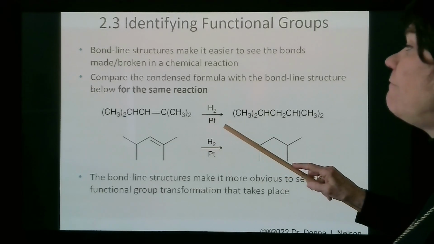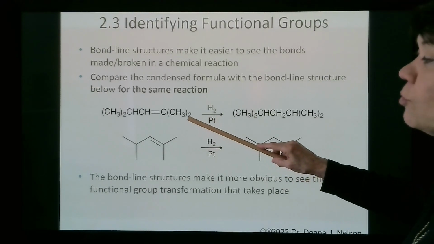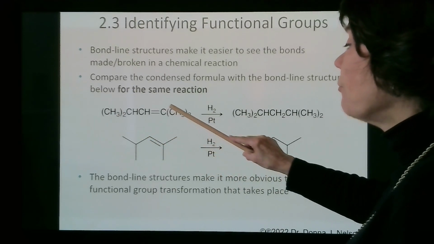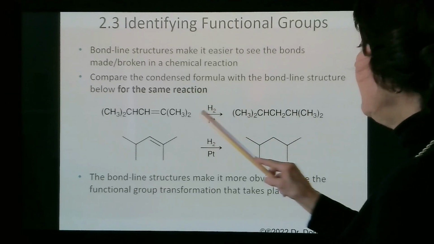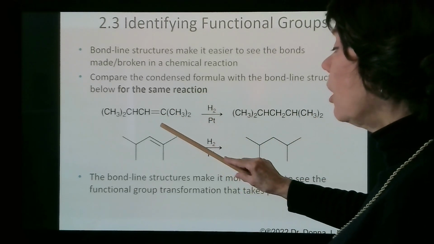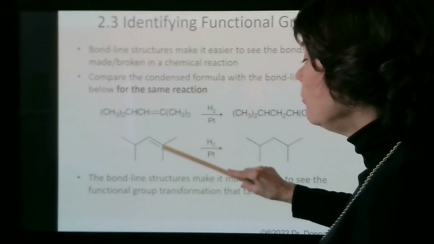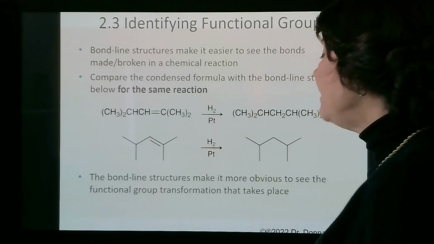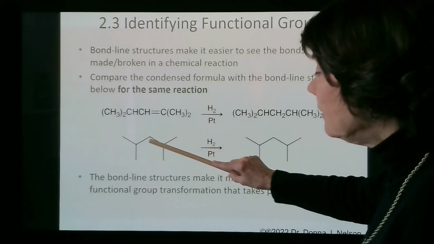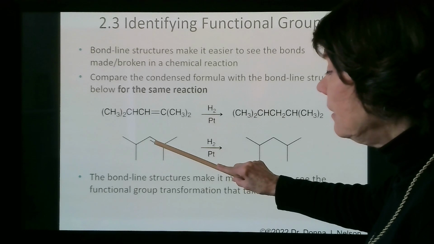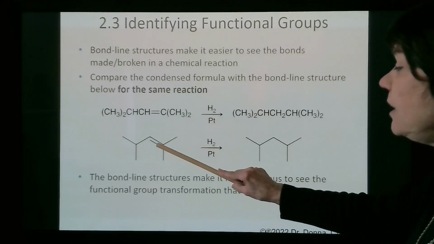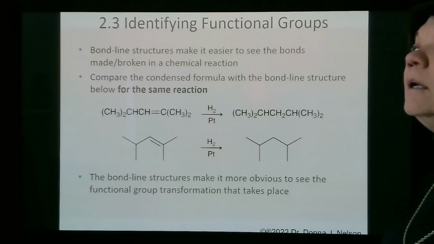Now, another reason for using bond line structures is that it makes it so much easier to recognize the reaction that either is going to take place or has taken place. As I mentioned earlier, one's eye goes straight to the functional groups. That's where the chemistry is going to take place. And so here we can see the carbon-carbon double bond, which is the functional group. And then you can look at the product and see that the carbon-carbon double bond is gone.